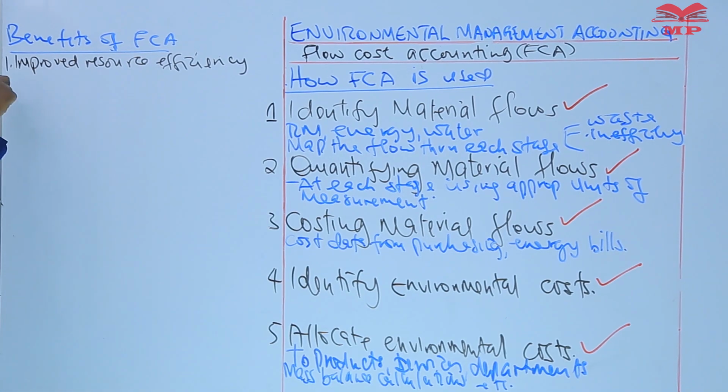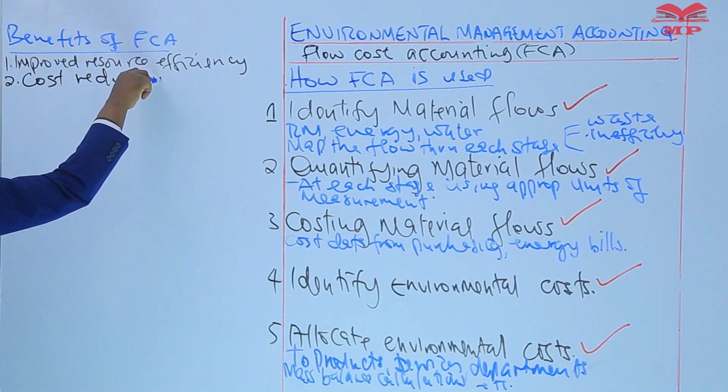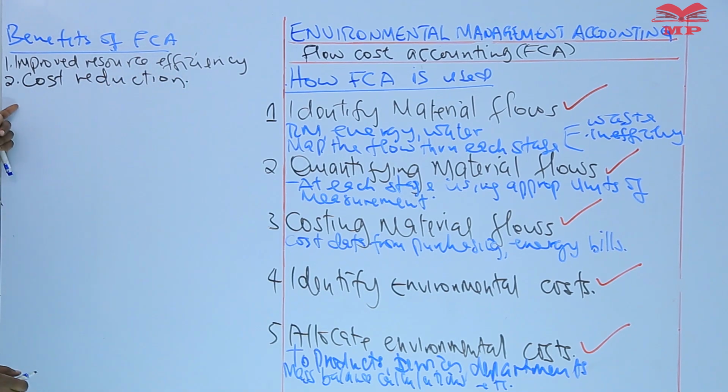The second benefit of using FCA is cost reduction. This method identifies opportunities to reduce environmental costs by optimizing material flows and also by implementing cost-saving measures.